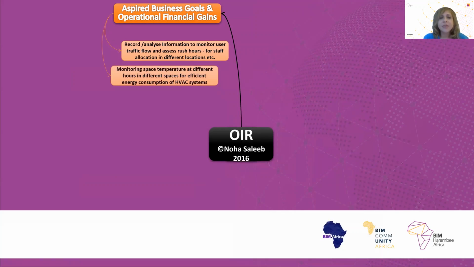Let's think about another type of objective. So monitoring the space temperature at different hours in different spaces, or monitoring the operations of the HVAC systems, the heating, ventilation, and AC systems, for example.